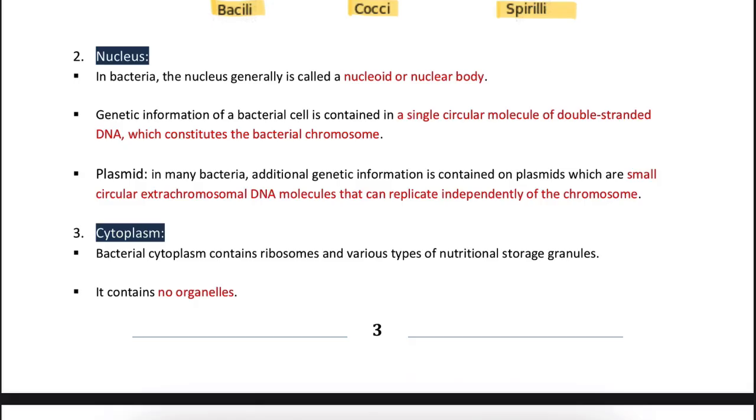So what's the main importance of plasmids? These plasmids are how bacteria share resistance via horizontal gene transfer, conjugation, a huge problem in hospital acquired infections. Next one, cytoplasm.